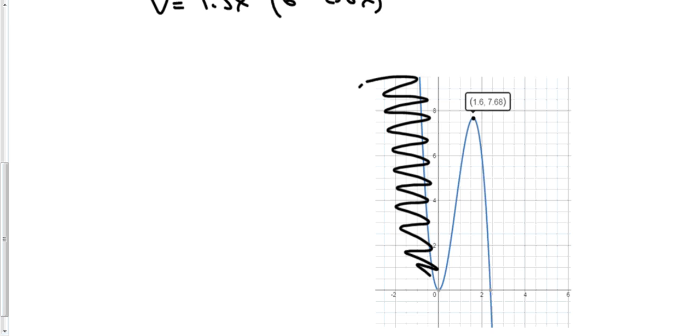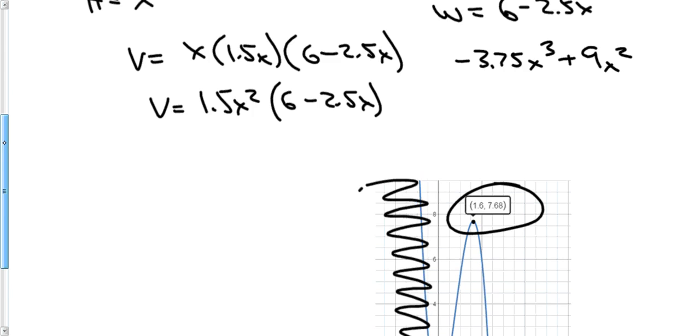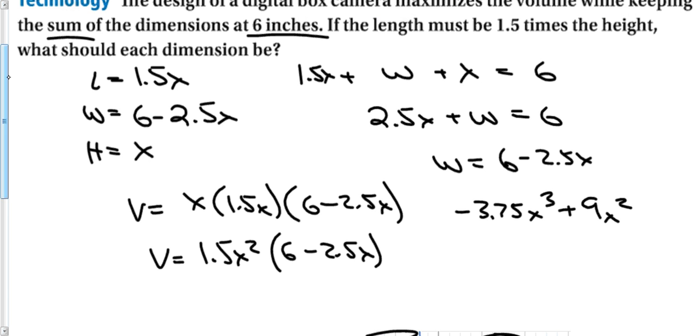And so I want to see where this graph has a relative maximum, which is right there, which means that x is going to be 1.6. Plugging it into the others, this is going to be 1.6, which would make my width, well, this would be then 2.4, and this would be about 2.